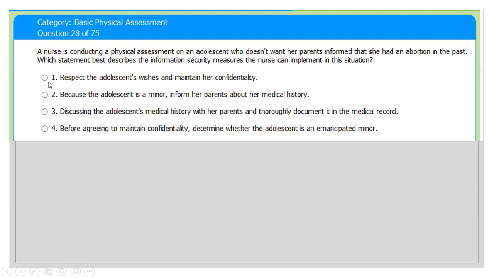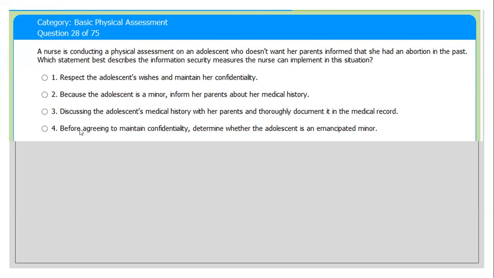Number one says, respect the adolescent's wishes and maintain her confidentiality. Number two, because the adolescent is a minor, inform her parents about the medical history. Number three, discuss the adolescent's medical history with the parents and thoroughly document it in the medical records.